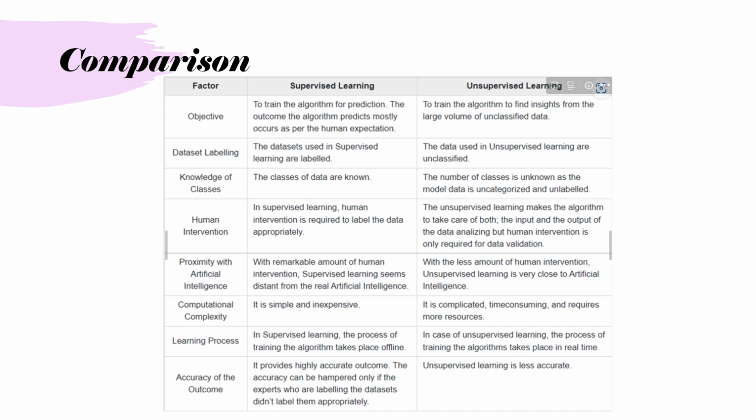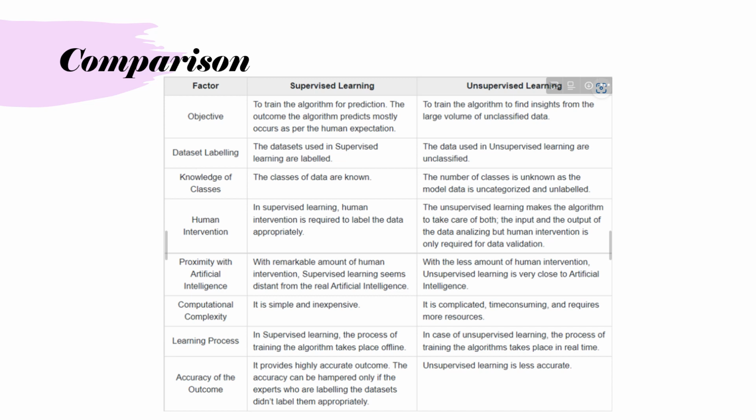Now let's examine this table, which is a comparison of supervised learning and unsupervised learning. The major objective of supervised learning is to predict as per the human expectation and to train the algorithm for this prediction. Whereas unsupervised learning will find insights or similarity patterns from a large volume of unclassified data.